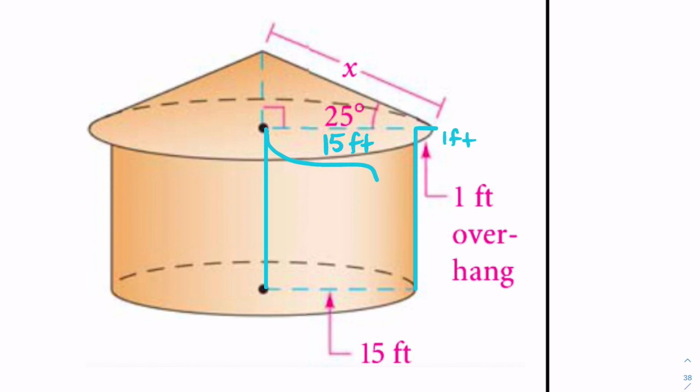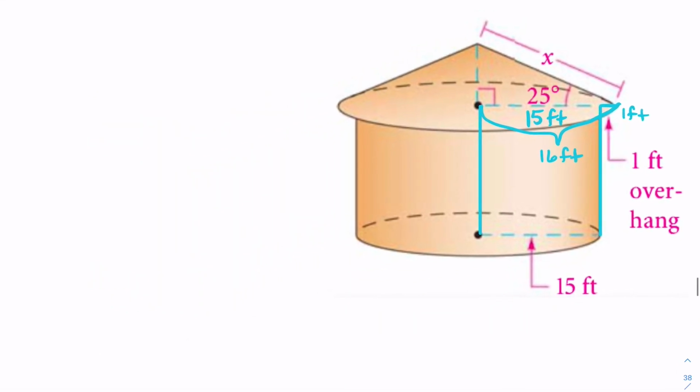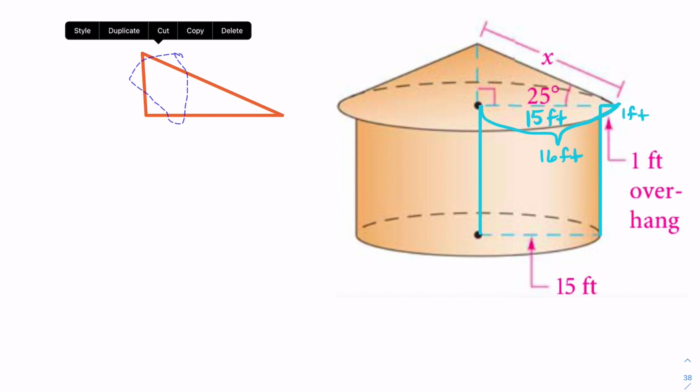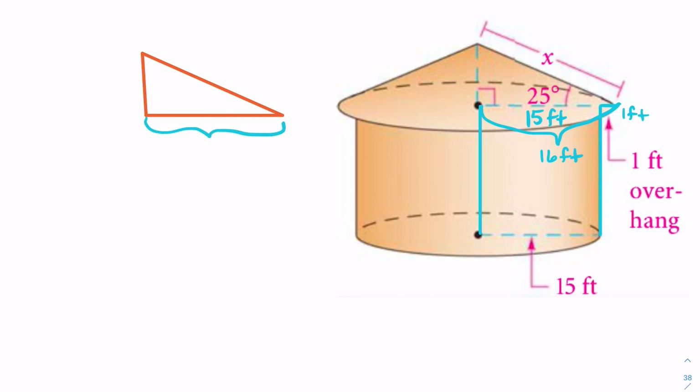So this total length is 16 feet of this triangle. So let me separate it. I'm going to draw this out. And that triangle, I'm just going to pull it out because I think it's a little bit easier seeing it over here. This is 16 feet.